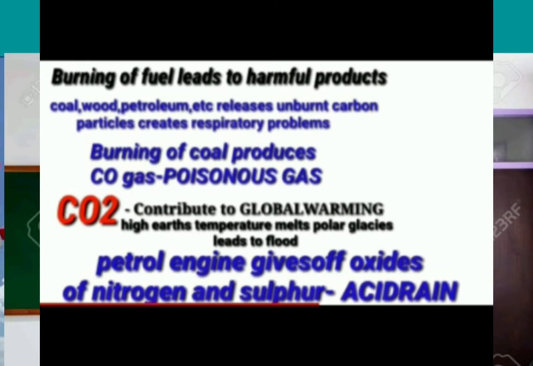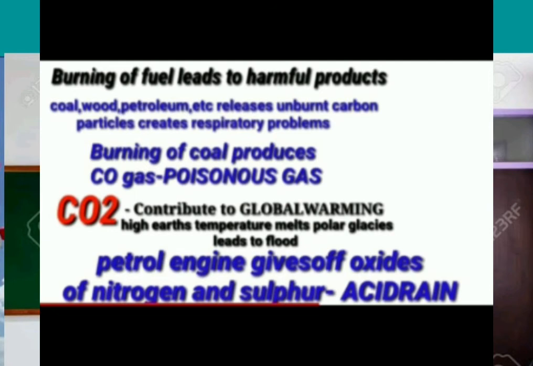It creates respiratory problems. The next, incomplete combustion of these fuels gives carbon monoxide gas. It is a very poisonous gas. It is dangerous to burn coal in a closed room. The carbon monoxide gas produced can kill persons sleeping in that room.